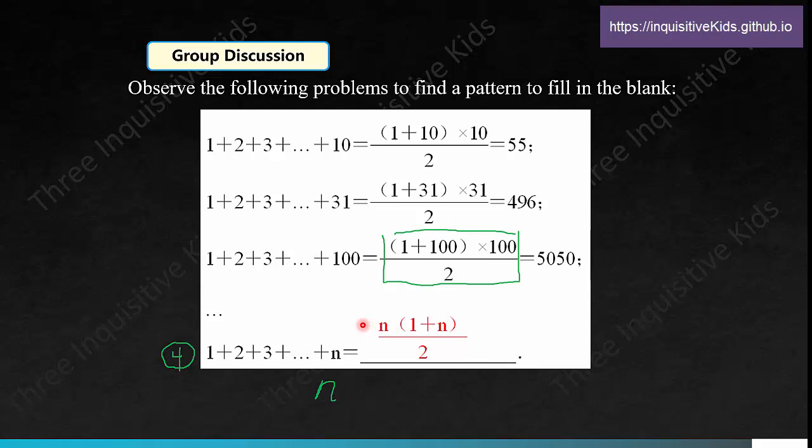Then the numerator is going to be, in parentheses, 1 plus the last number being added, in this case n, so that's 1 plus n, being multiplied by the last number being added, in this case also n. So that would be n times the sum of 1 and n, divided by 2.